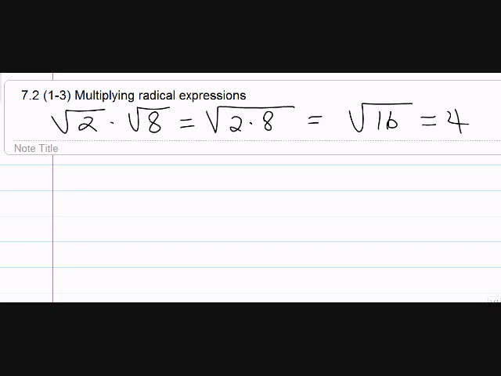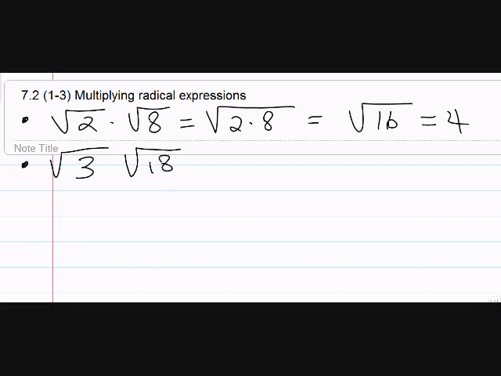Now let's do one a little bit harder. We'll go with the square root of 3 times the square root of 18.